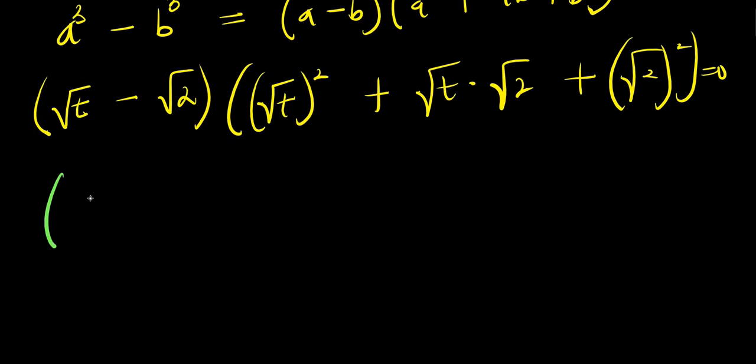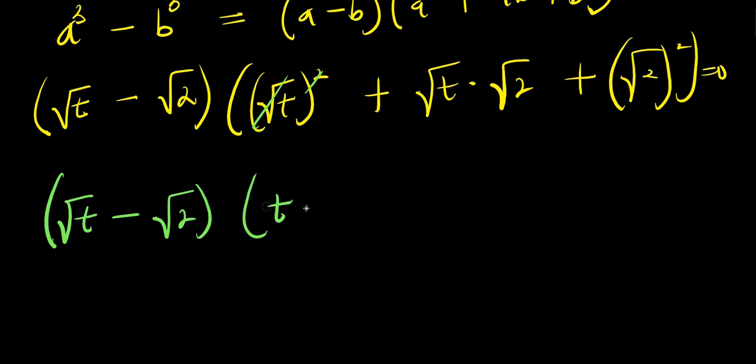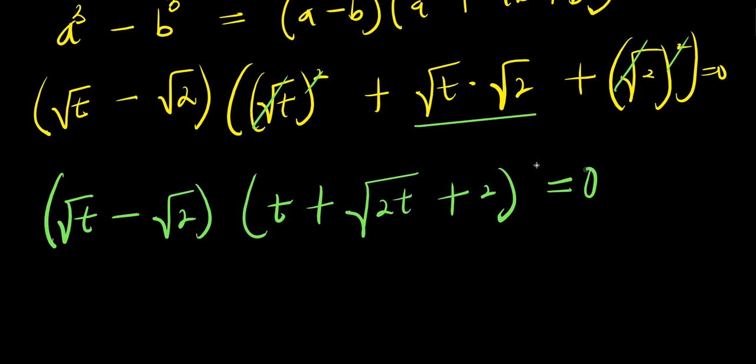From here, I put t minus root 2 times this. This cancels this. I have t plus this multiplies out. This is square root of 2t plus this cancels this, up to 2, and this equals 0. So we equate each of these to 0.